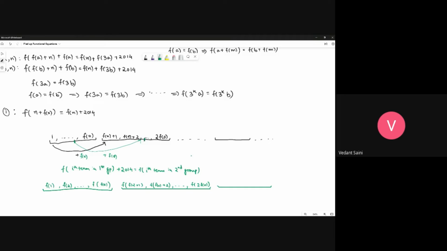So we can just add 2014 to every element of this group, and we get this group. The same here.